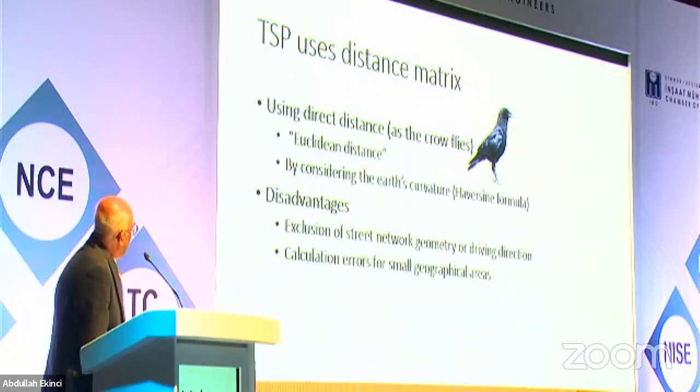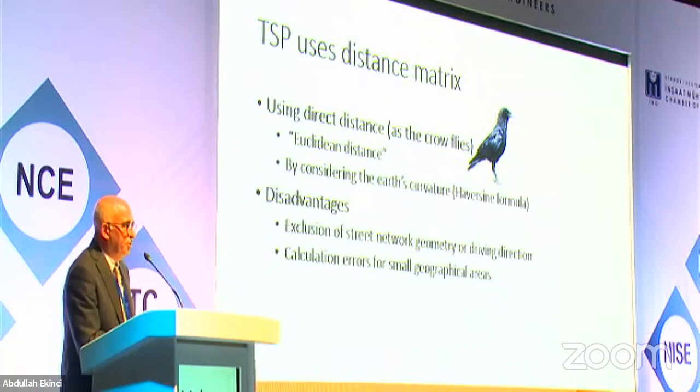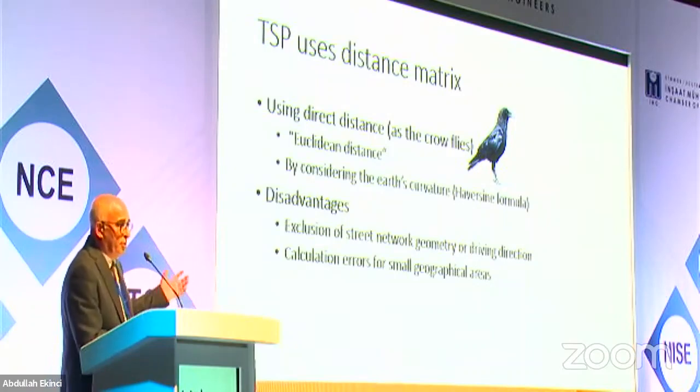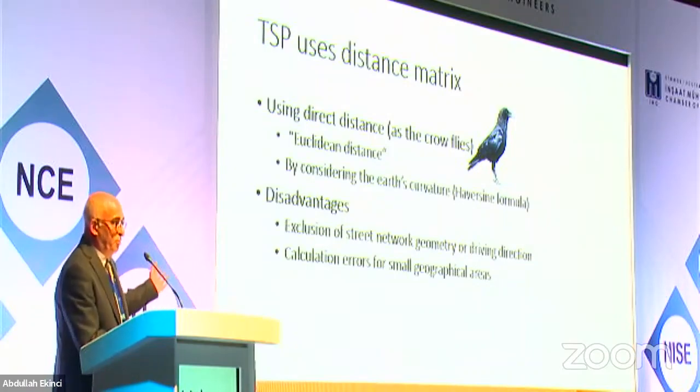Okay, and the Euclidean distance is a direct distance, but Earth is a sphere, so there's a modification to it. But is that enough? We are going to see it. Okay, and they do provide some advantages that I did mention here.